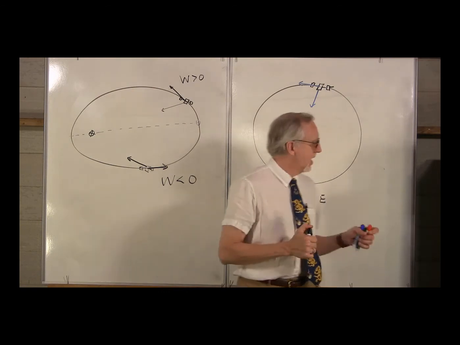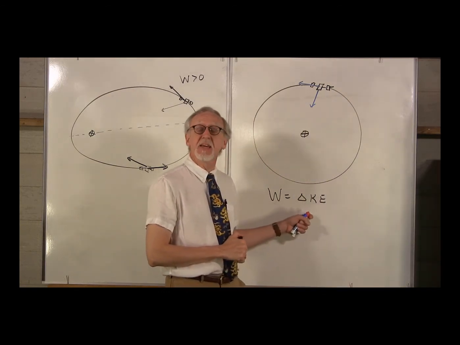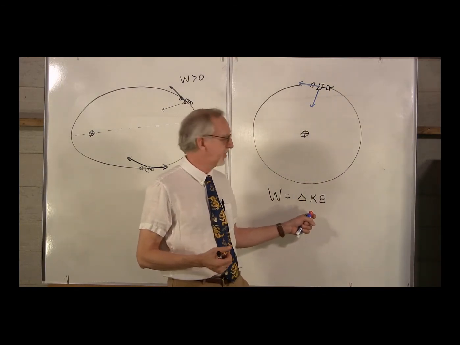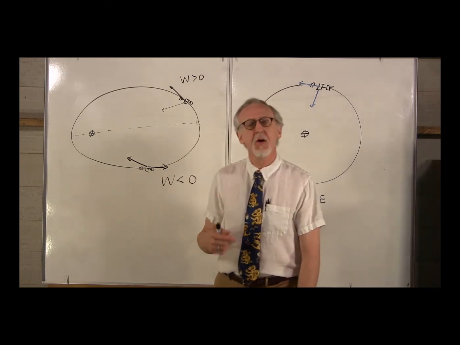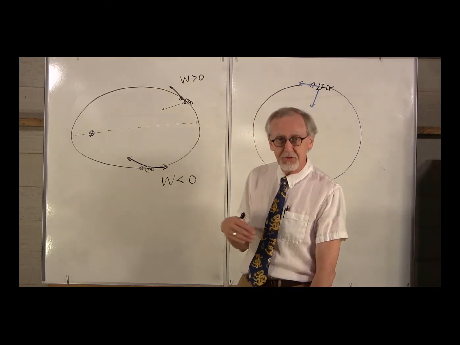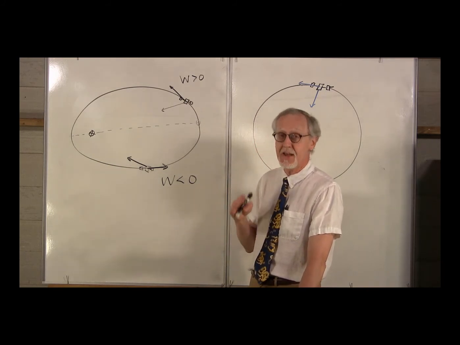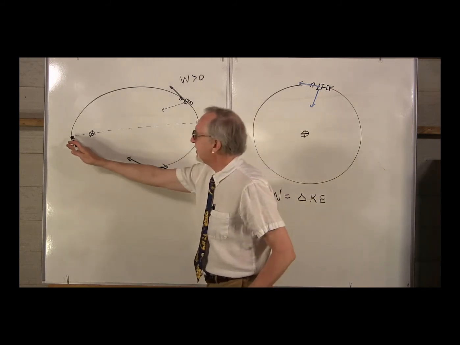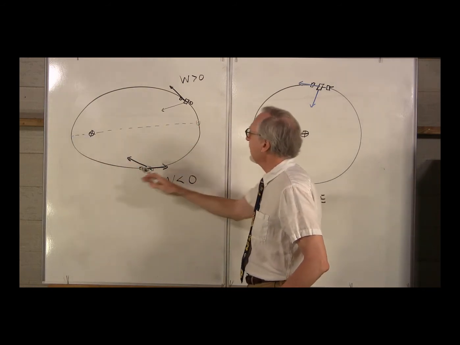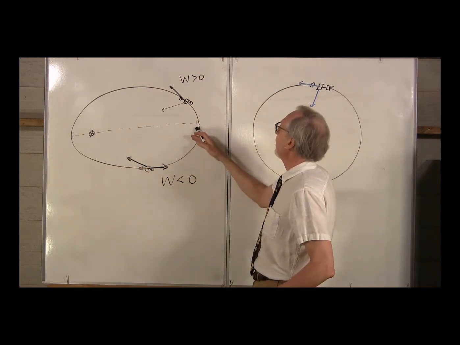What does that mean? A negative work means the kinetic energy is decreasing. Delta KE is negative. A decrease in kinetic energy means the speed is decreasing. The satellite is slowing down. So as the satellite goes from this point to this point, it's actually slowing down.